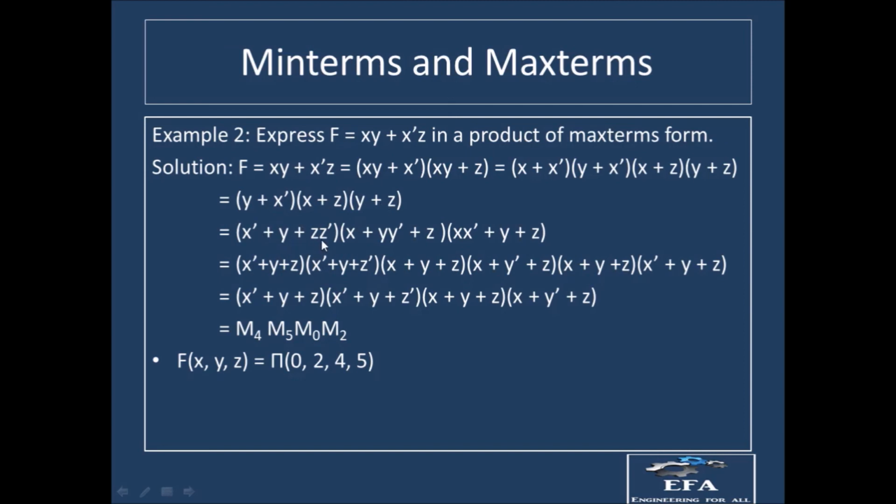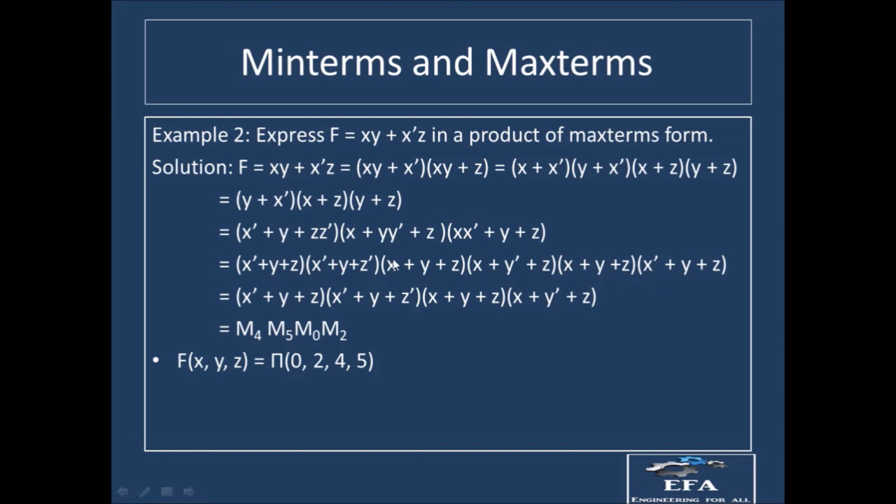So we need to add a 0 to them. This 0 will denote z into z bar for the first one, y into y bar for the second, and x into x bar for the third, right? Again using the distributive law, we will ultimately have this expression as a whole.